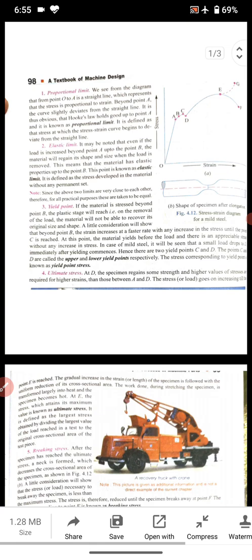Means after removing load, if the material regains its shape, it is called as elastic limit. Means it follows the elastic limit.